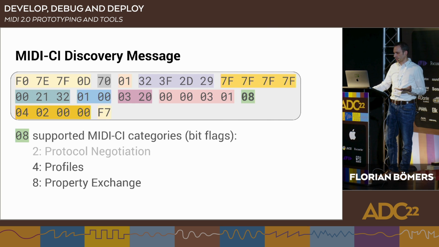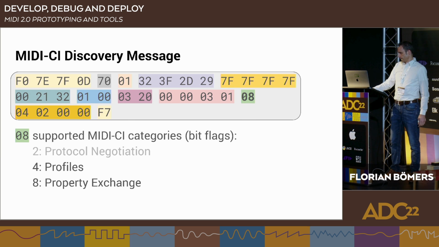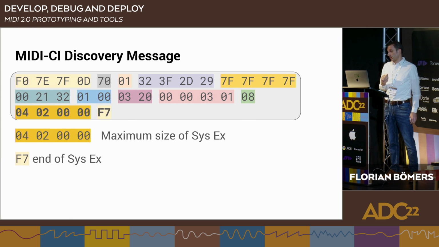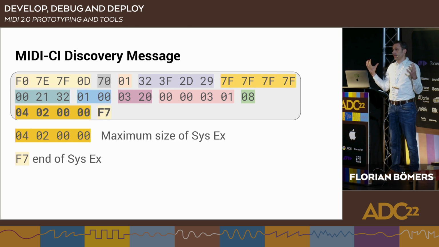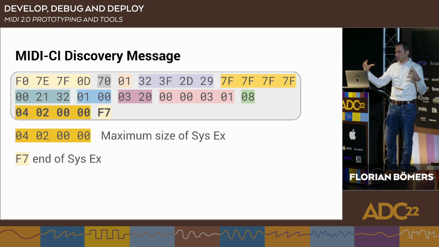Protocol negotiation, profiles, and property exchange are currently available, and the MIDI Association is working on more categories, adding more functionality to MIDI-CI. You can also specify the maximum size of SysEx messages that you support. There are 4 bytes available for that, which also helps interoperability. For small devices that don't have a large buffer, you have to break messages up so that they don't get too long.